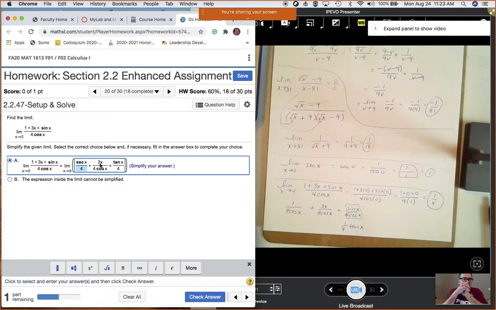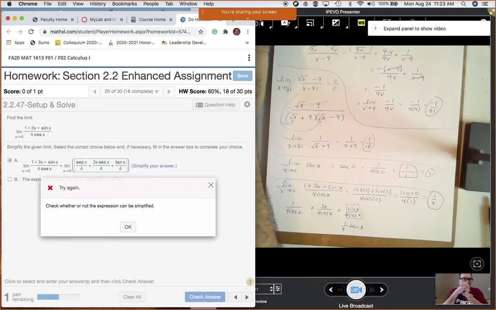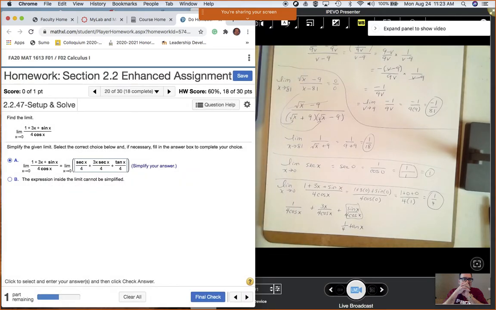I could do 3/4 secant x, or 3x secant x over 4, plus tan x over 4. Let's see if they want that. I don't know what they want. They want that simplified.